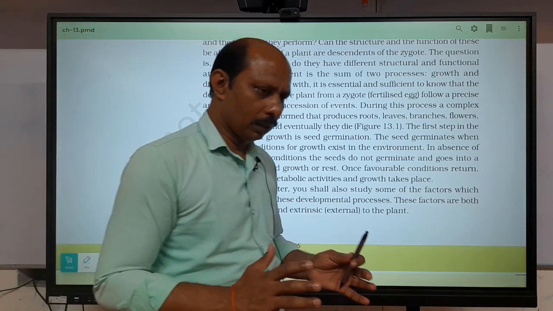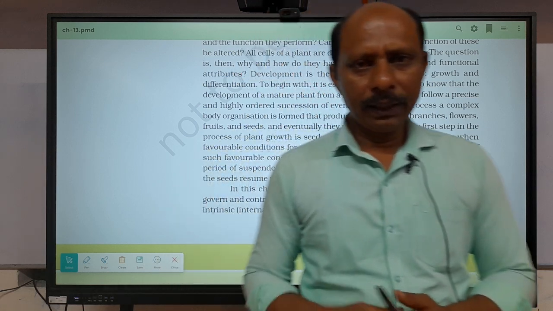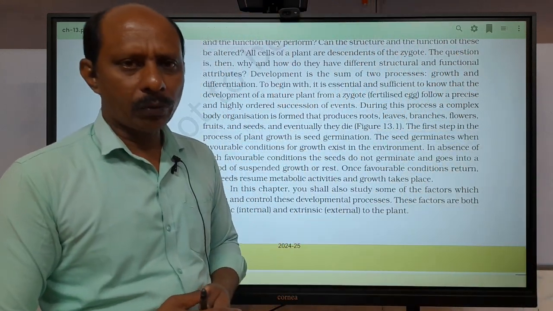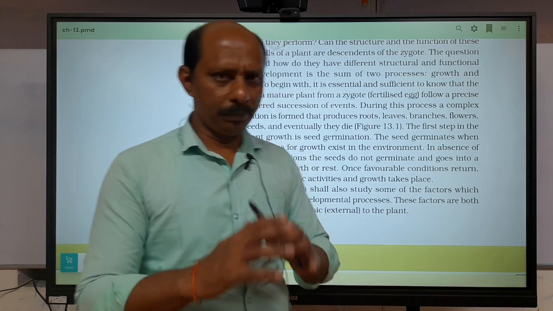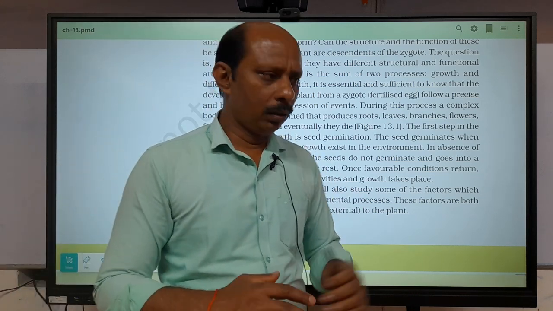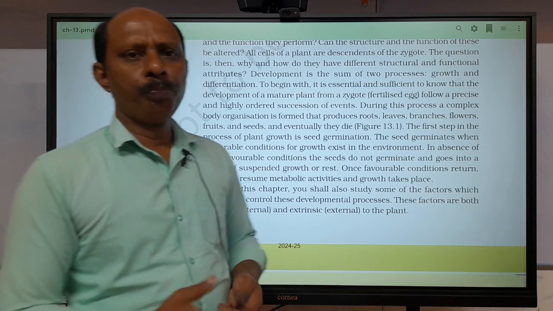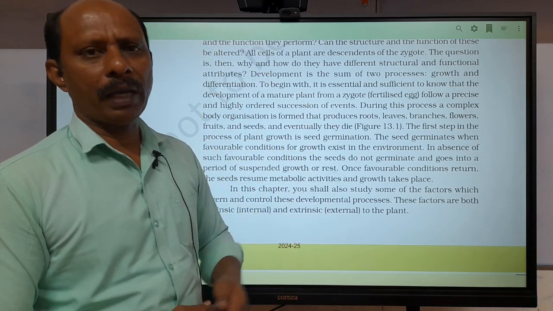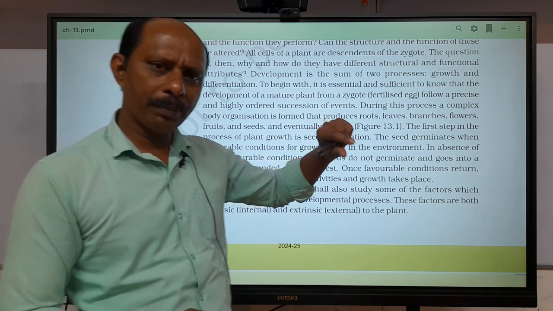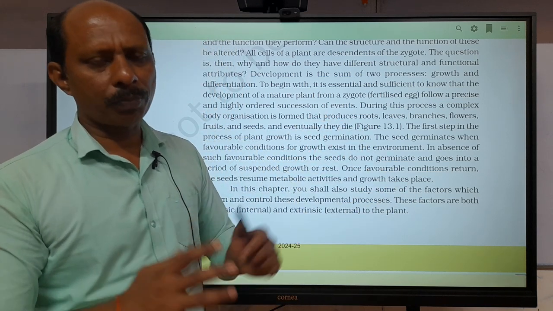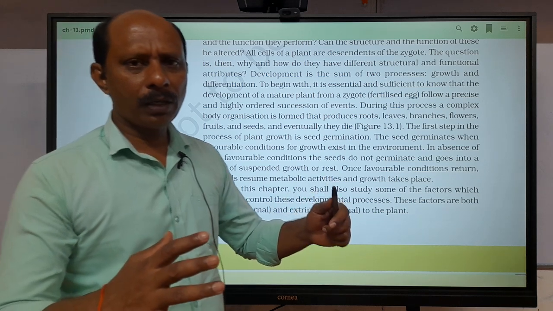Like that, in the previous chapter we read that a zygote further divides and forms an embryo. All the embryo cells are considered as tissue, and it is also called promeristem, right? Then this tissue is converted into primary meristem. Primary meristem after differentiation forms the mature parts of the plant.